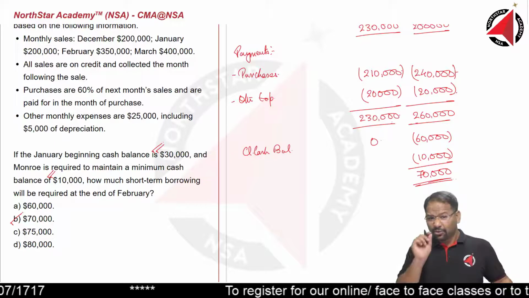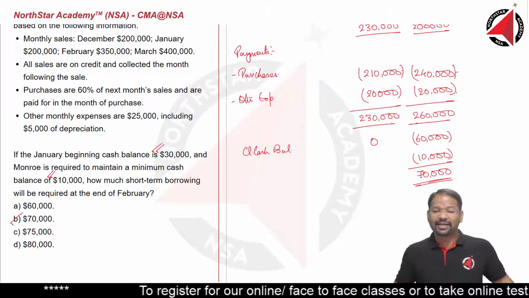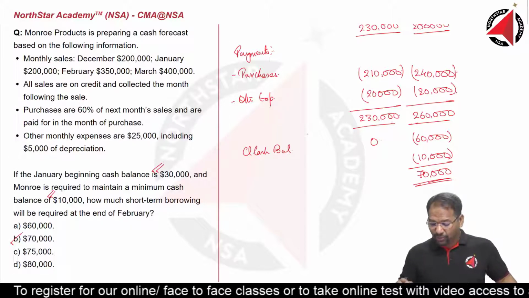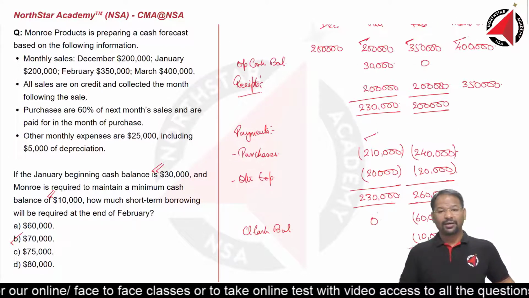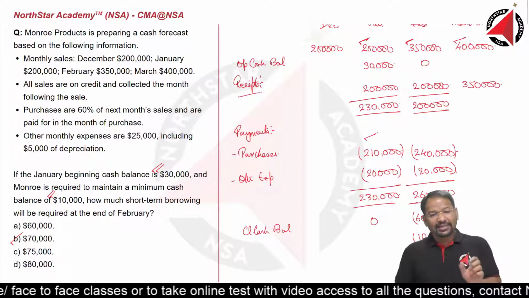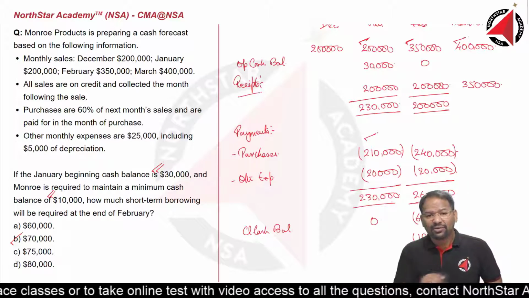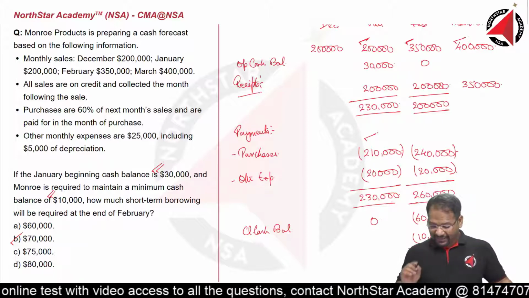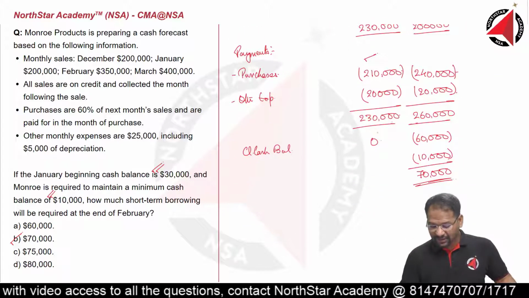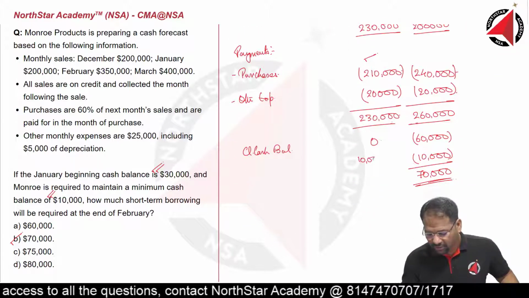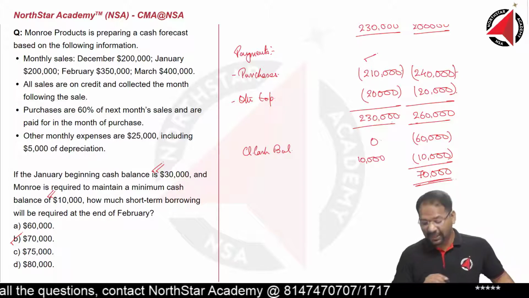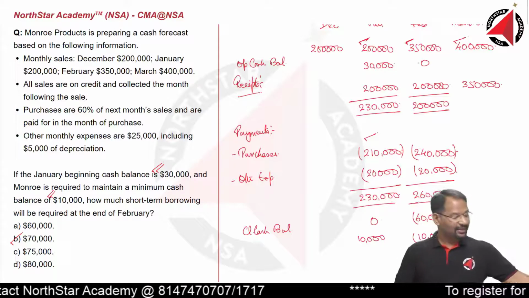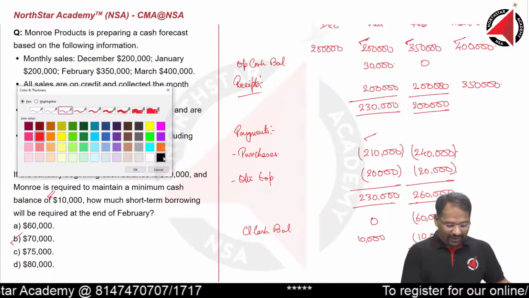In that case, question will slightly change our calculation. In other words, if you look here, in the month of January, our closing cash balance is 0. But if we are understanding this, means in the month of January, we should have borrowed 10,000 to maintain a closing cash balance. We will borrow $10,000 in the month of January. And this $10,000 will become opening cash balance in that case. Let's change the ink color so that I can highlight it.